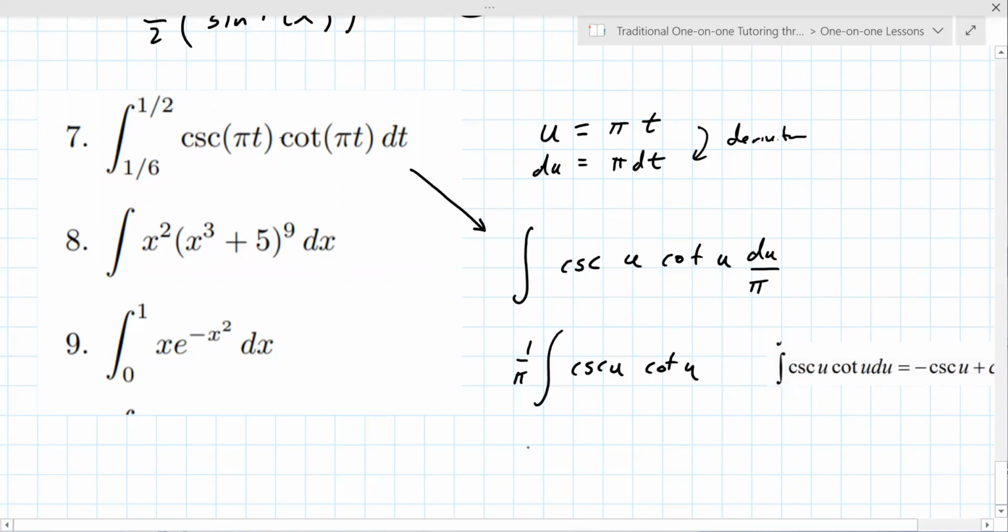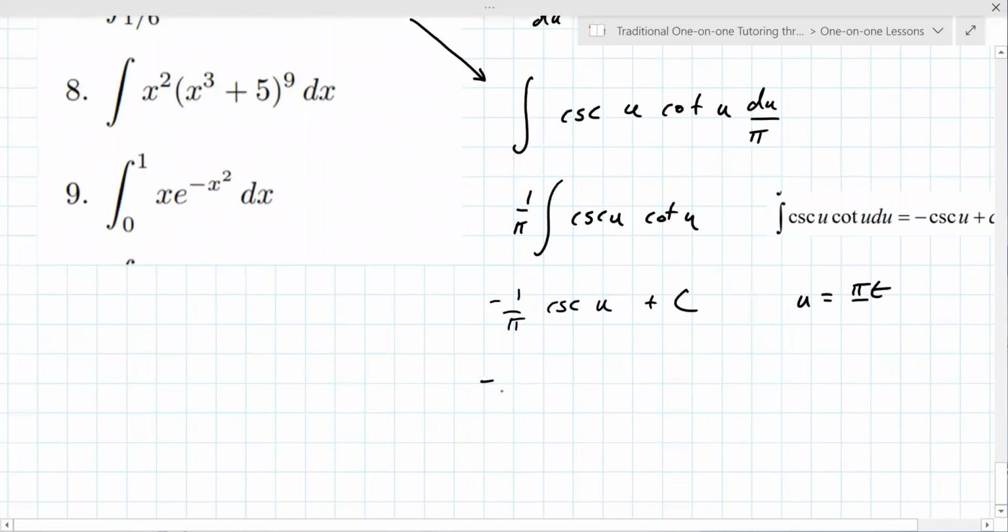So it's 1 over pi times negative cosecant u plus c, because that's the antiderivative. And then you have to back substitute your u, and your u is pi t. So -1 over pi cosecant pi t plus c.